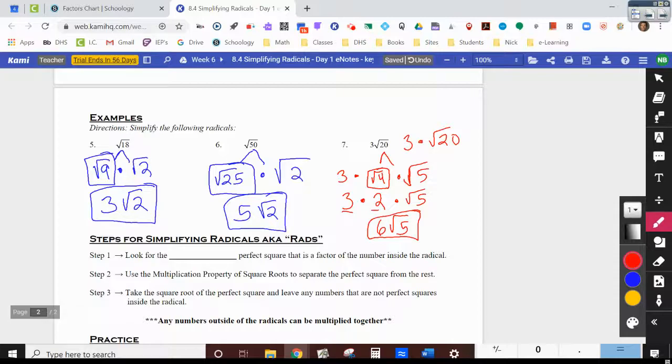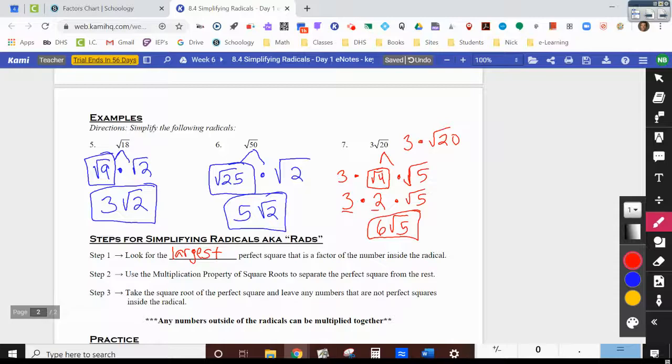So here are the steps again that I just did for these 3 example problems. Step 1 is to always look for the largest or biggest perfect square number. If you can find that largest perfect square number first, that's going to make simplifying easier, because some numbers have multiple perfect squares that are divisible by them, but we want to find the biggest one first. So when you start dividing, you want to divide from the biggest and work down.